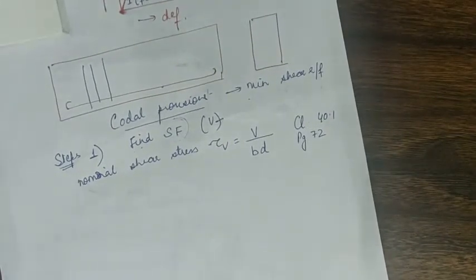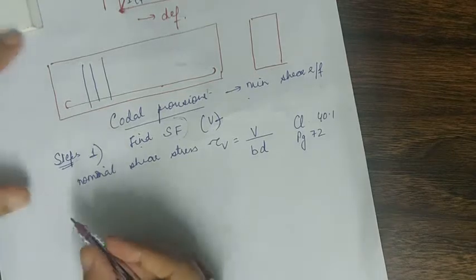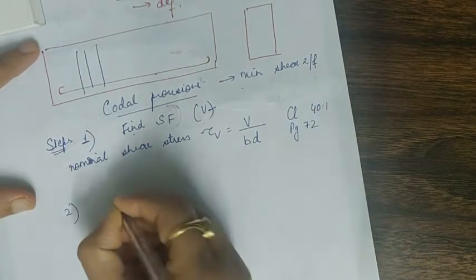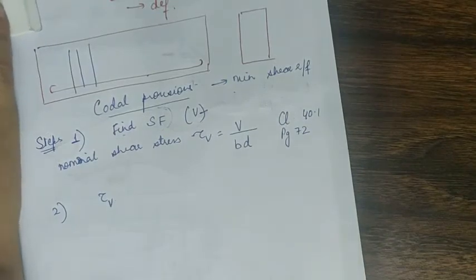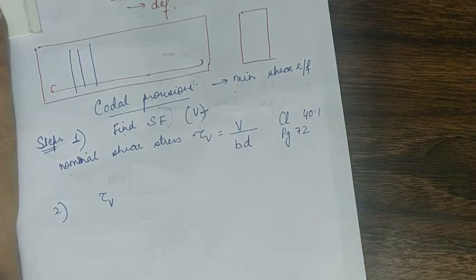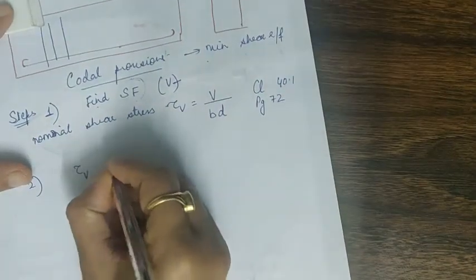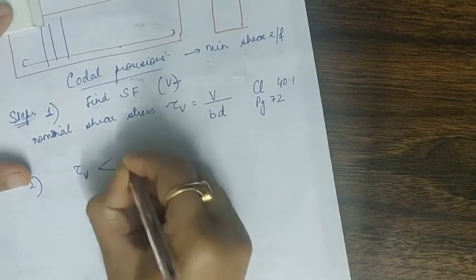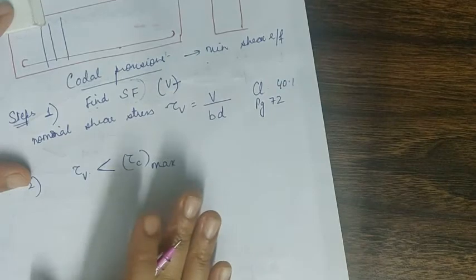Once you have the nominal shear stress, the clause says that we will have to check the next thing, that the value of tau V should always be less than tau c max, that is the maximum shear stress.